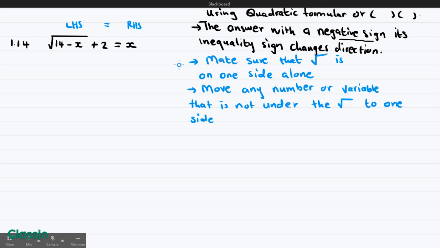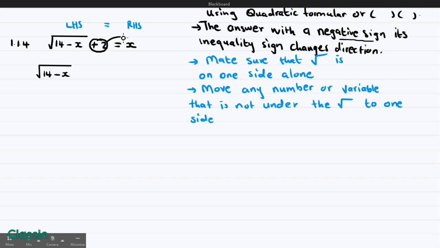So now we look at which numbers are under the square root. Under the square root we have root of 14 minus x. But this positive 2 is not under the square root.